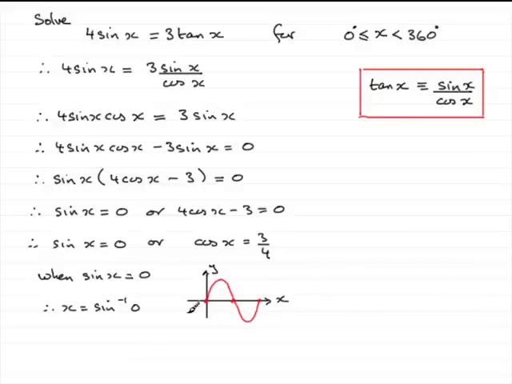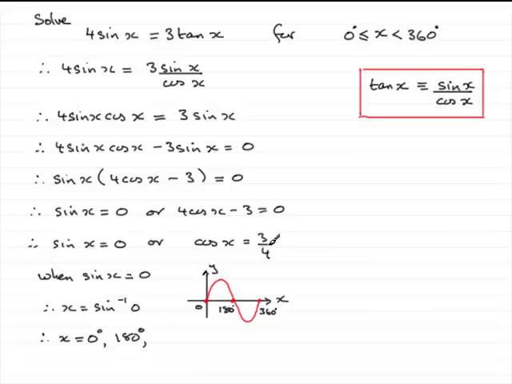So our solutions then for x are going to be 0 degrees, the one here, 180 degrees, and you've got to be careful here because although it's 0 at 360 degrees, the range doesn't include 360. It's less than 360, so be careful there, don't write the 360 degrees in. Okay, well we've got two solutions.